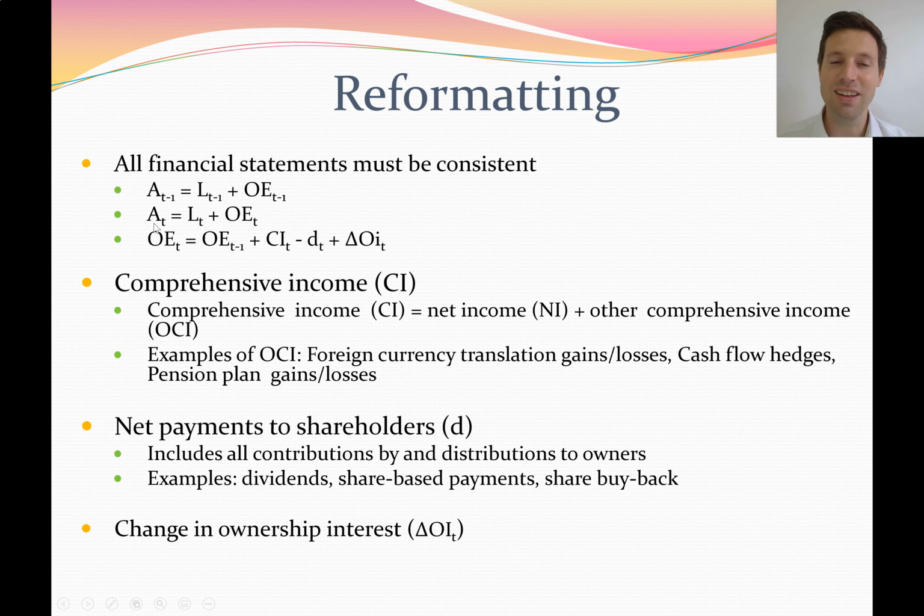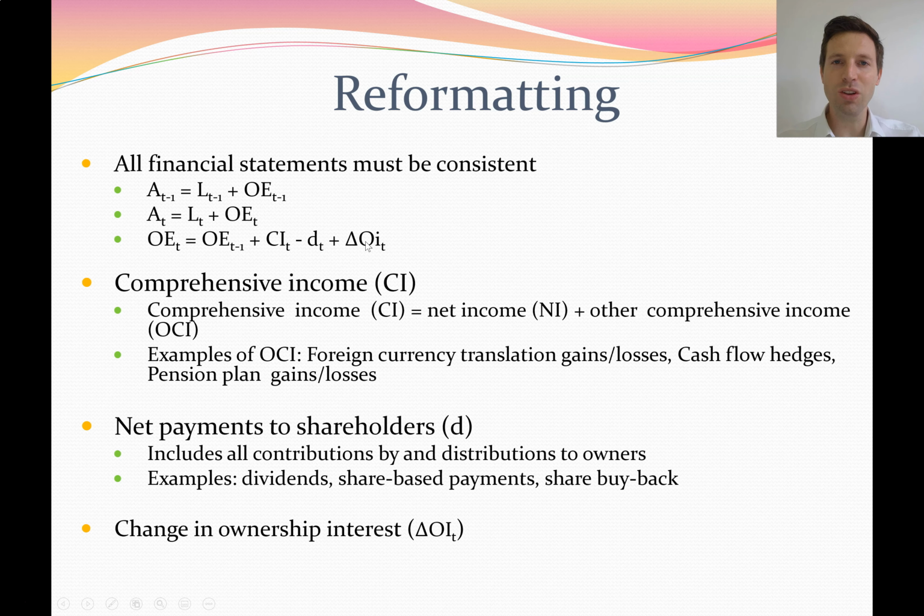Then this year's assets in time T equal liabilities plus owner's equity. Now, how do we get from last year's balance sheet and understand the changes to this year's balance sheet? Well, the owner's equity this year is equal to owner's equity last year, plus any comprehensive income we earned, minus any dividends that were paid out, plus any change in outside interests.